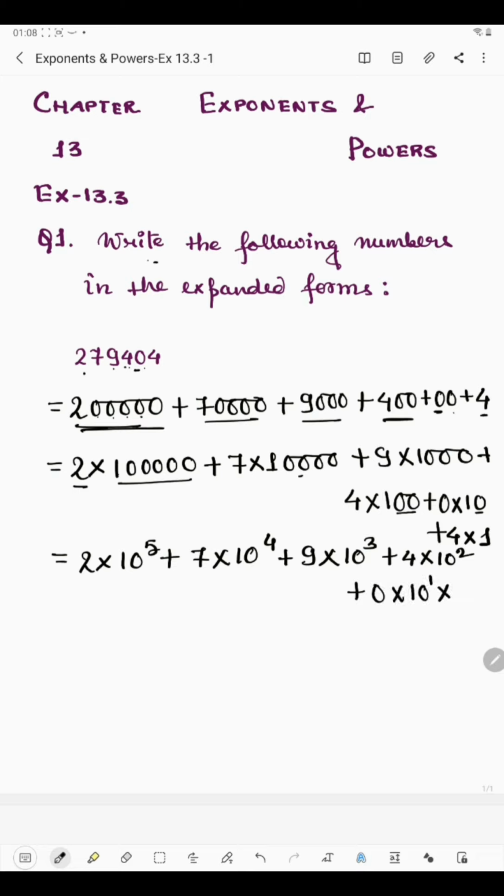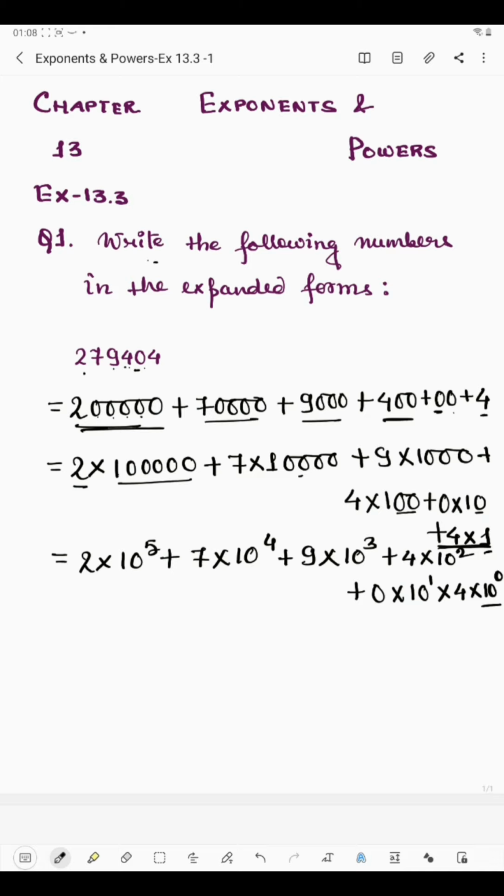And finally to write this 4 into 1, we'll write 4 into 10 to the power 0. 10 to the power 0 is 1, so in place of 1 we can write 10 to the power 0, right? Now if you see this pattern, 5 4 3 2 1 0. So this is the way to write expanded form.